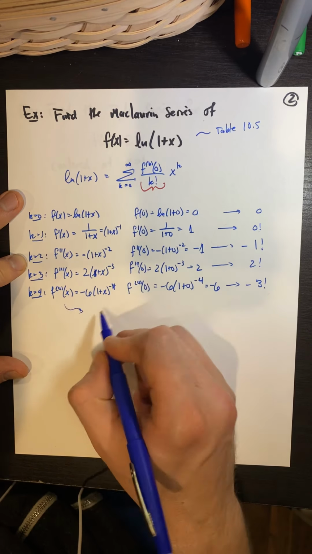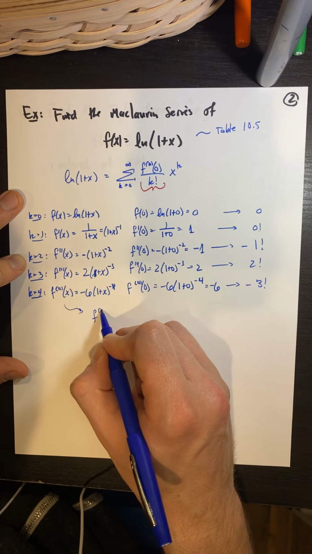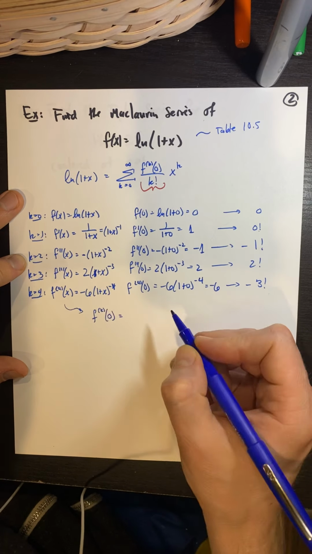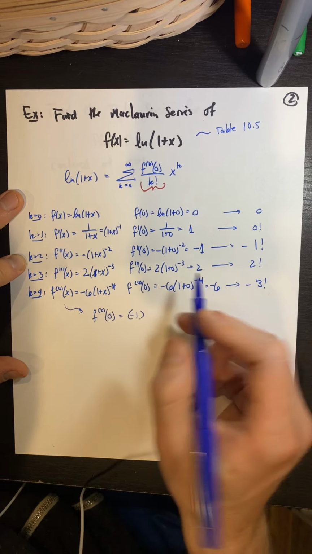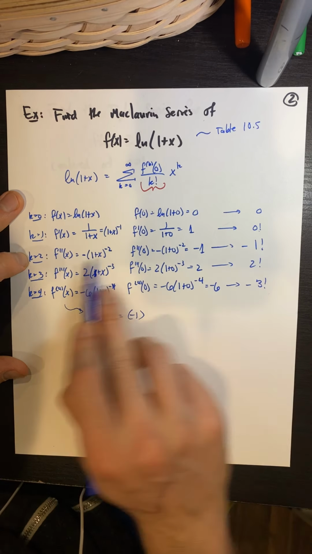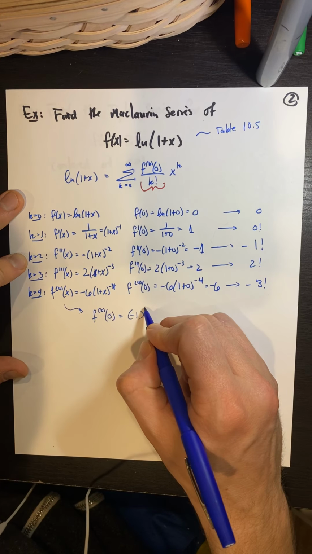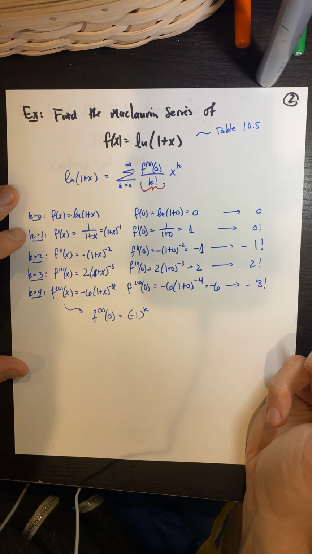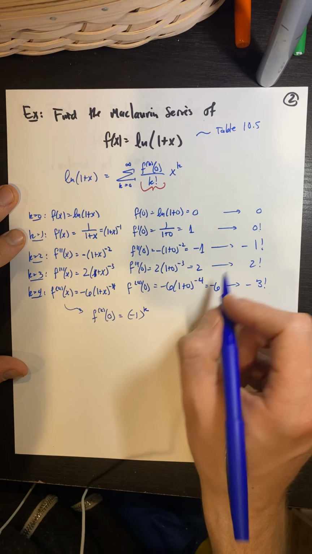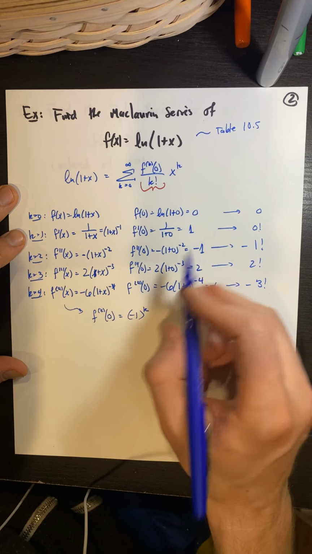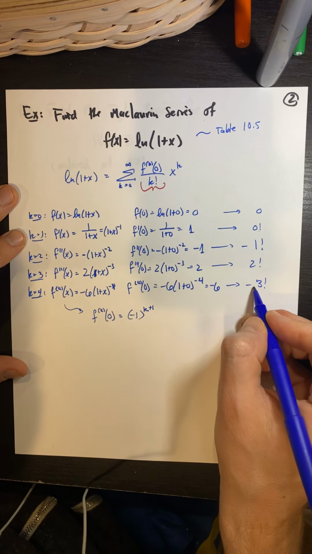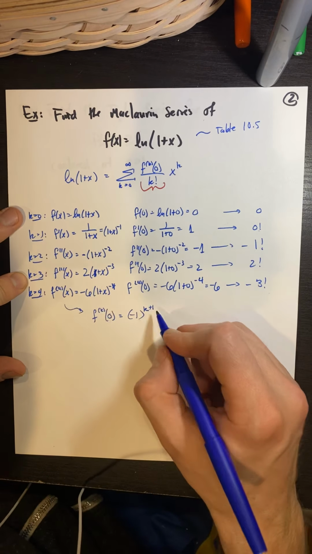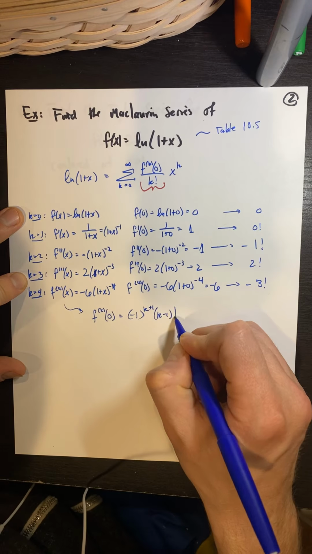So we might be able to establish that the kth derivative at 0 is an alternating sequence, and that would be negative 1 to the k plus 1 times k minus 1 factorial.